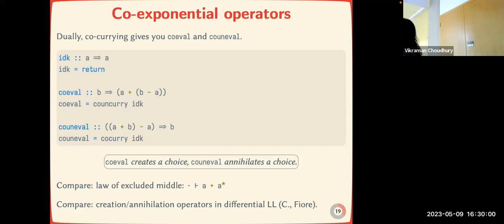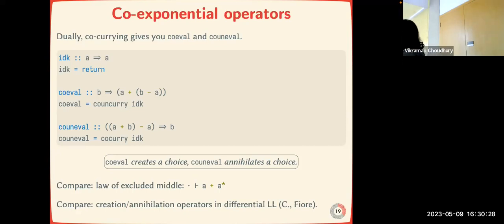And so the slogan here is that co-eval creates a choice. So from B, it's miraculously producing A and B minus A. And then co-uneval allows you to plug in a handler for A into A plus B and produce a B. If you have looked at continuations, you can prove the law of excluded middle using continuations.